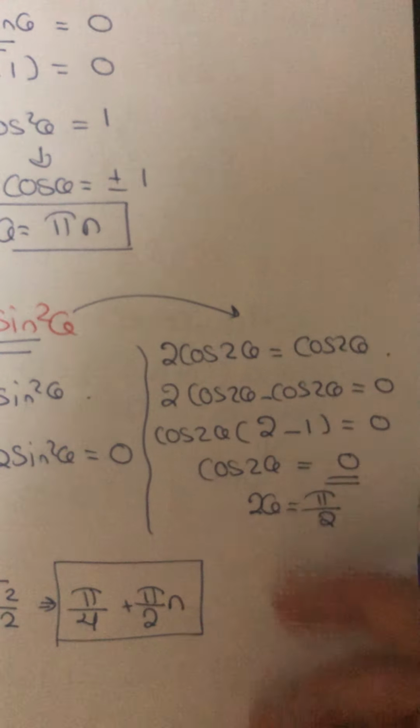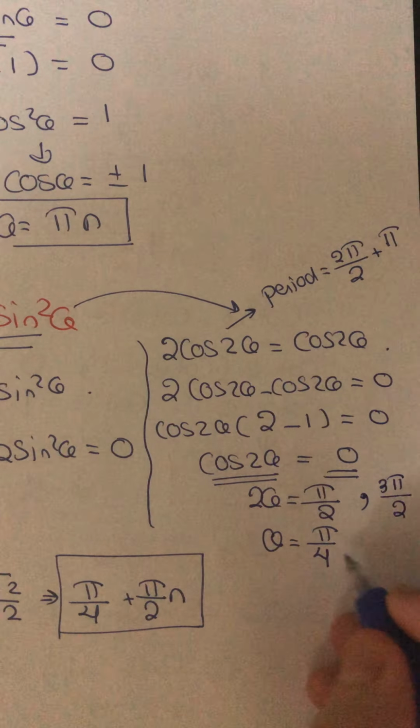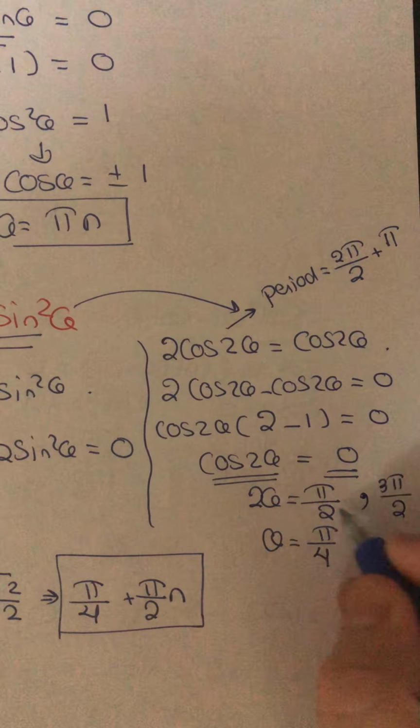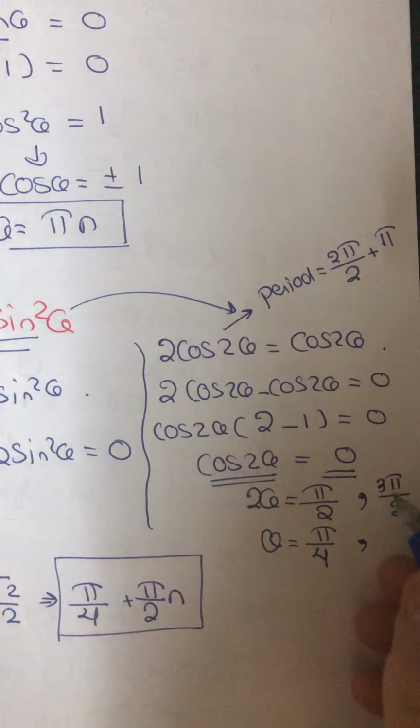Okay, but anyways, it will repeat itself every pi over 2n. Again, I have 2 theta equals pi over 2, or 3 pi over 2, as we said. This is where it's equal to 0. So this is pi over 4, or if you divide 3 pi over 2 by 2, it will become 3 pi over 4.